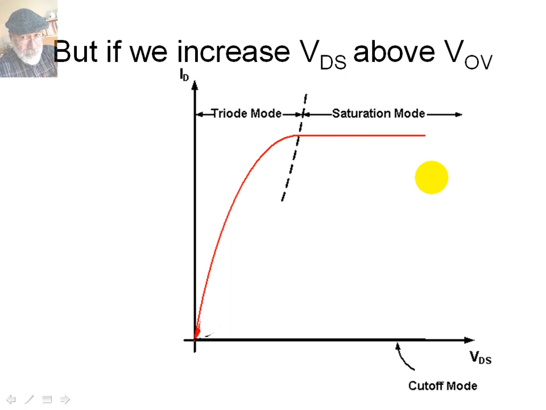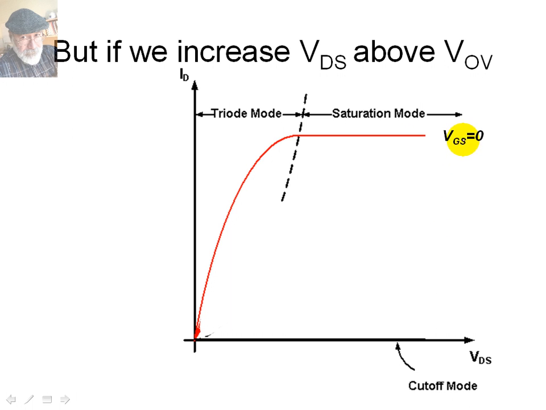This is what happens. When we increase this voltage VDS above that critical value, the overdrive voltage, then the current becomes constant and independent of VDS. We say that is the saturation current of the transistor.